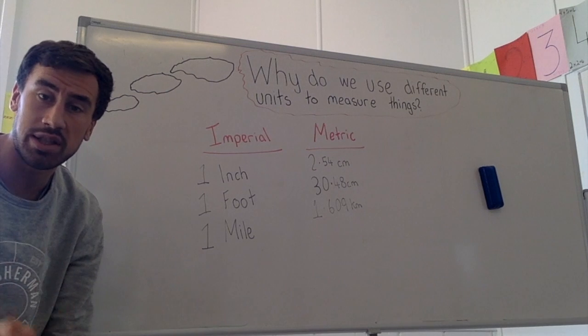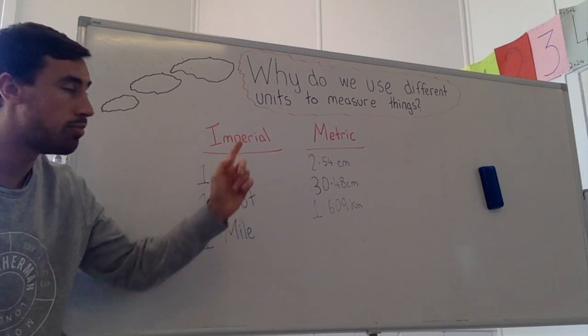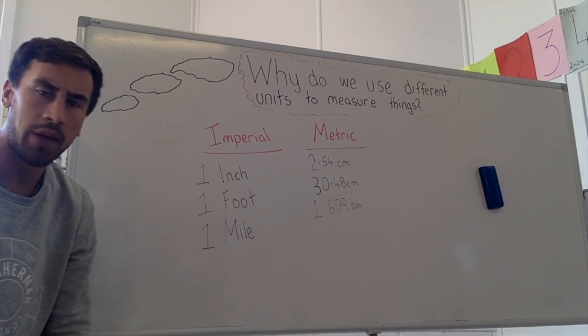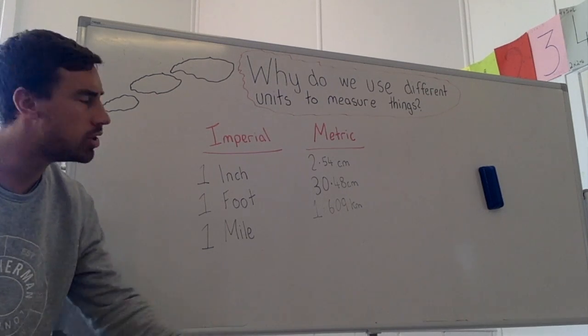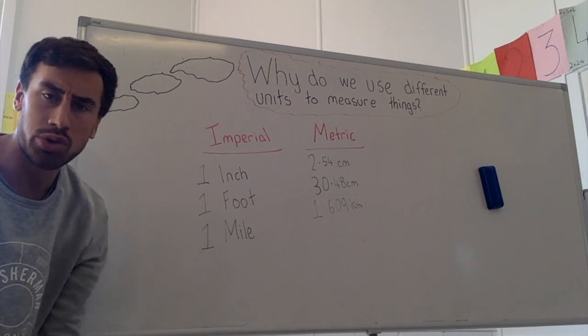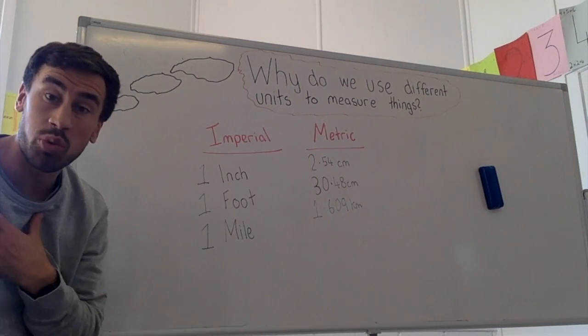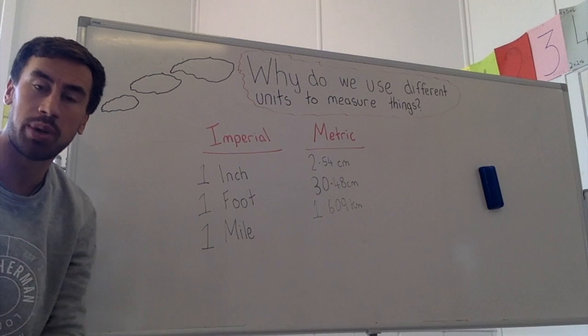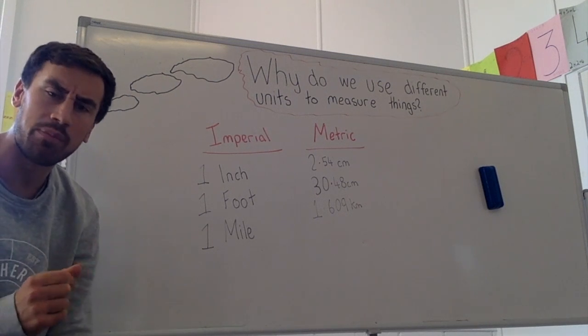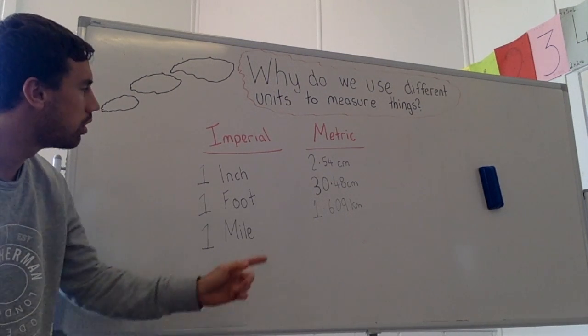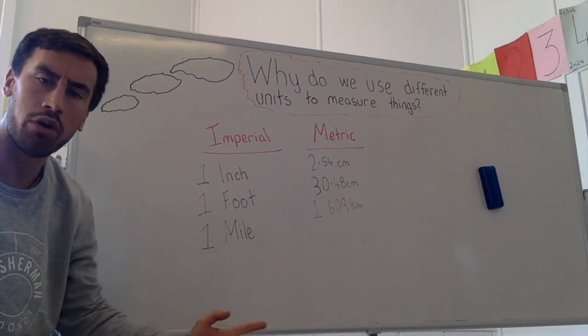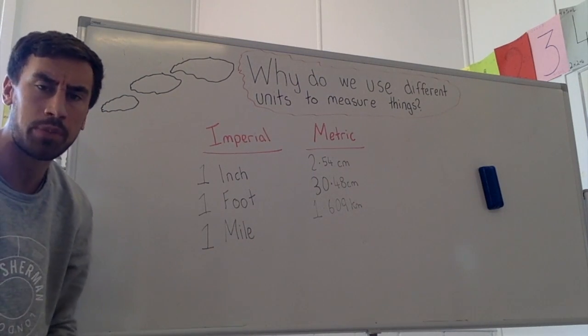So the United States uses the imperial system. All of our learning will be on the metric system because that's what we use in Australia. That's something we have to be familiar with. However, it is still really important to have an understanding of the imperial system as well.